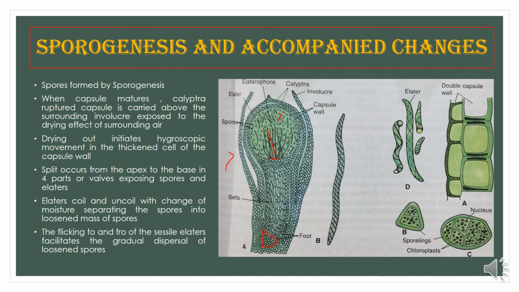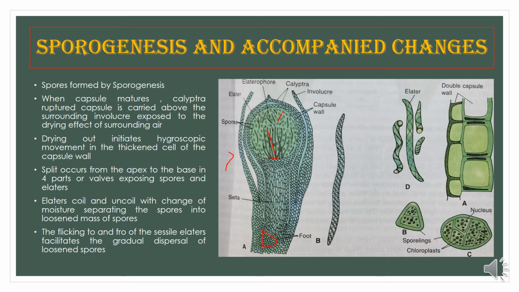Now, the sporogenous mother cell undergoes meiosis and rapid division to form the haploid spores. Here we see these are the haploid spores. These haploid spores undergo germination even inside the capsule.